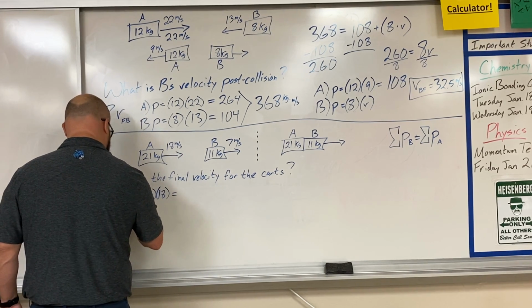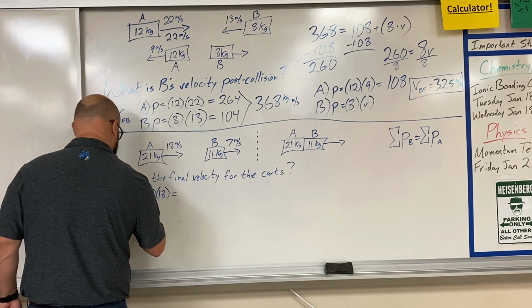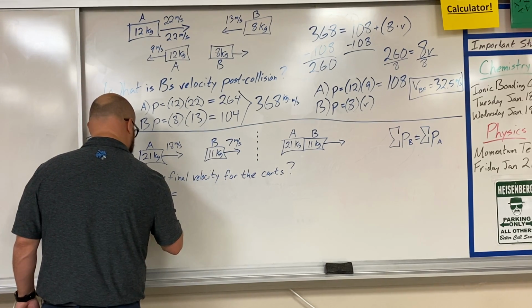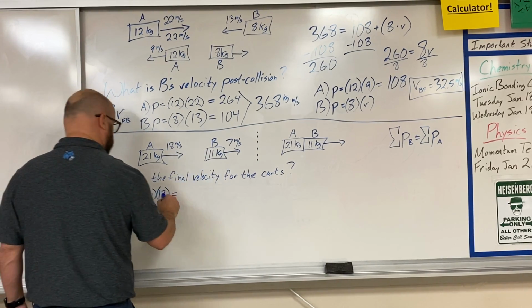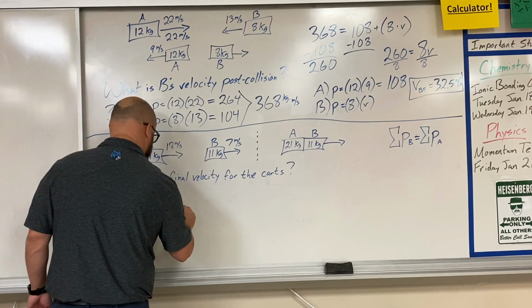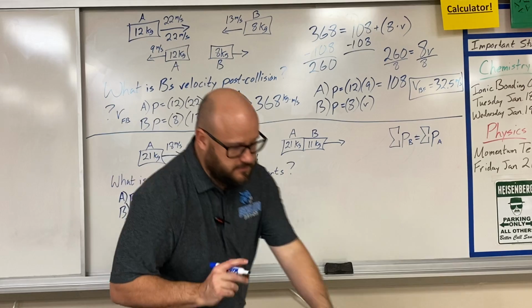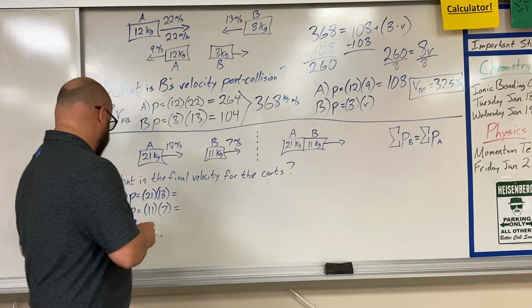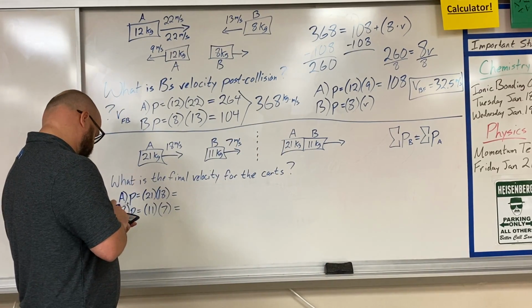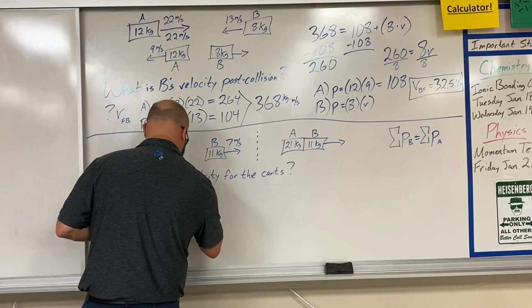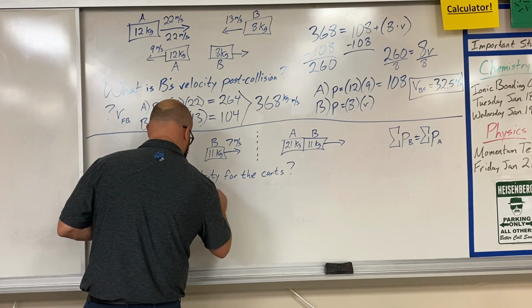Now what about B? B is a mass of 11 and a velocity of 7. Multiply both of these out. 21 times 18 is 378.